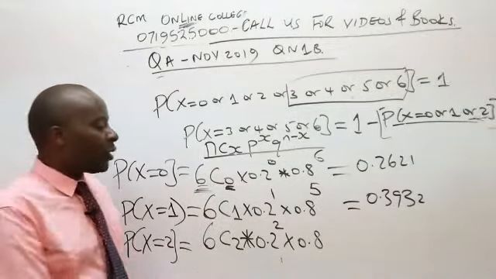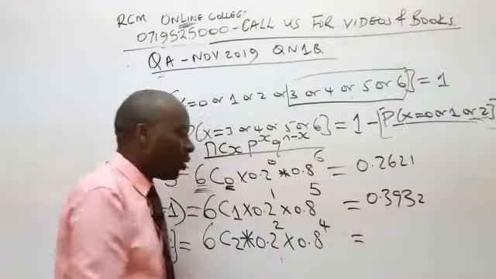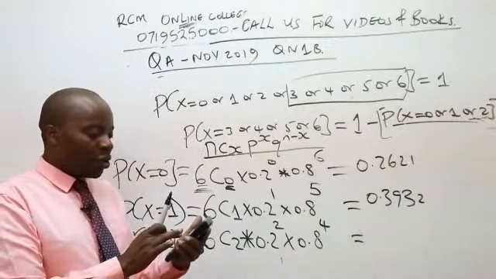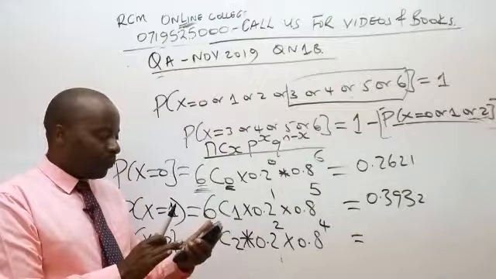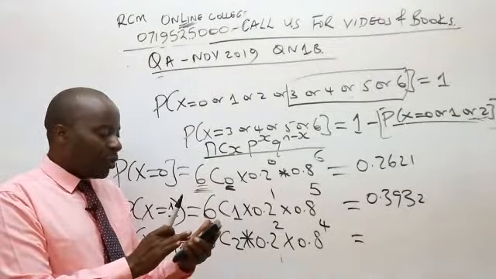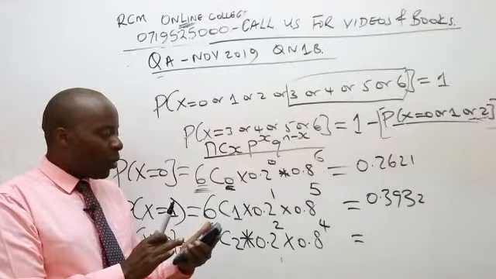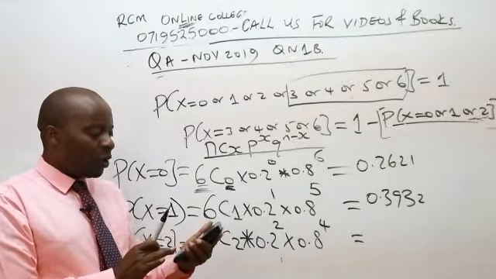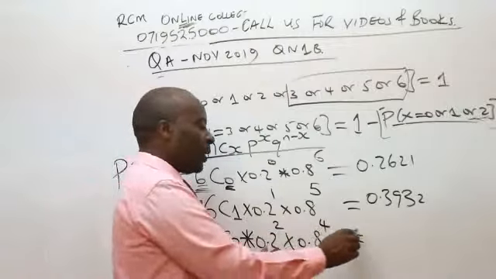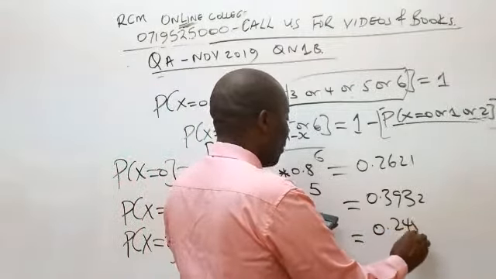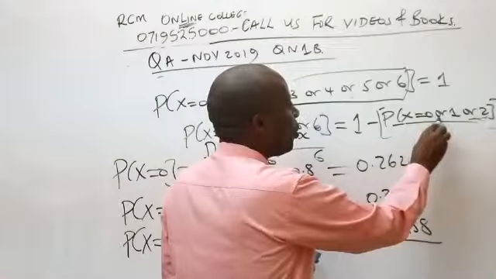So meaning, ladies and gentlemen, that this one here will be 4. So then what do we have here? We have 6 combinations 2 times 0.2 raised to power 2 times 0.8 raised to power 4. So then at the end of the day, we'll end up getting 0.2458 like that. Ladies and gentlemen, or means what here?